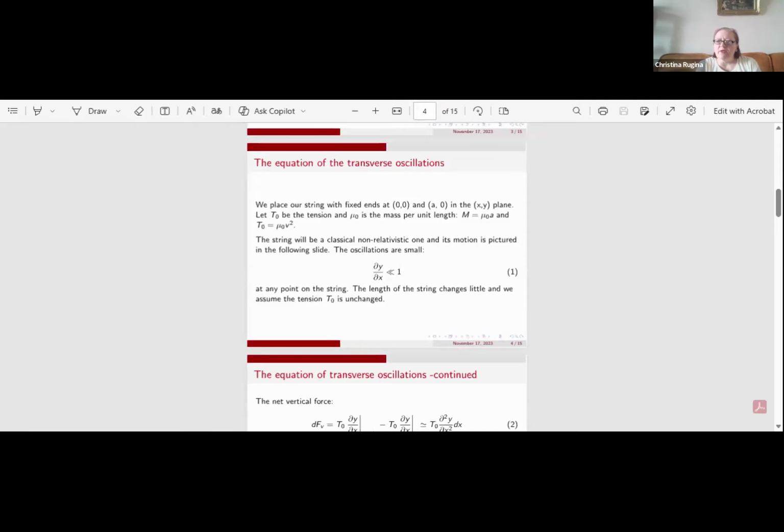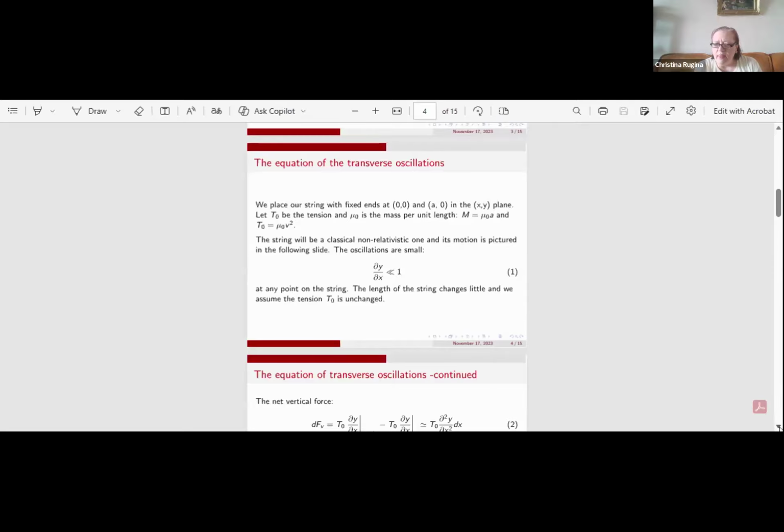The string will be a classical non-relativistic one, and its motion is pictured on the following slide. We saw that the oscillations are small, so dy/dx is much smaller than 1. At any point on the string, the length of the string changes little, and we assume the tension T0 is unchanged. So these are the assumptions we make.